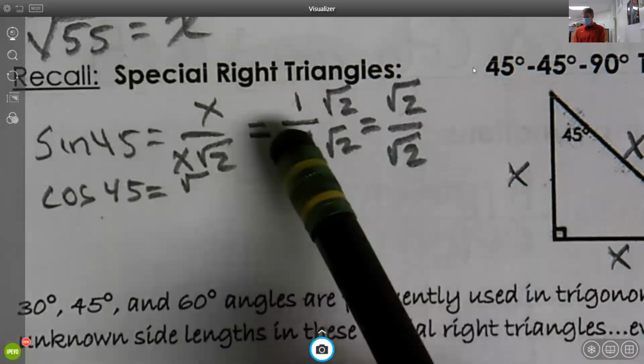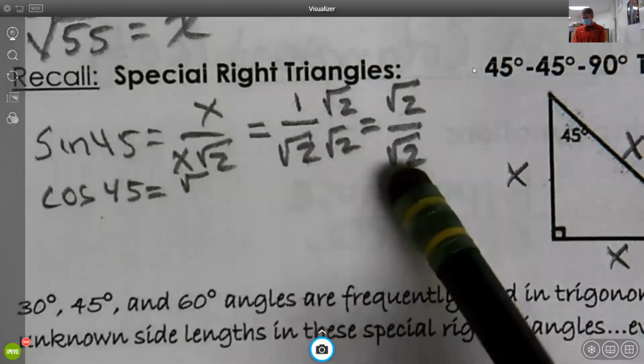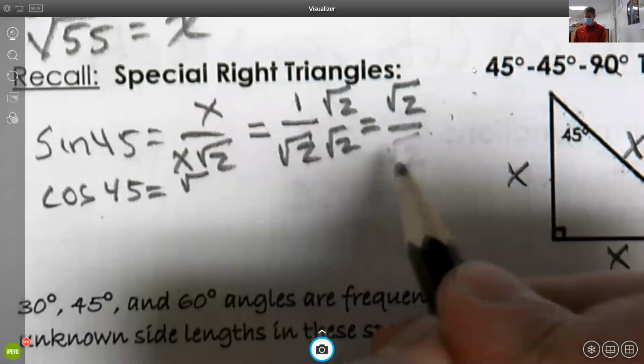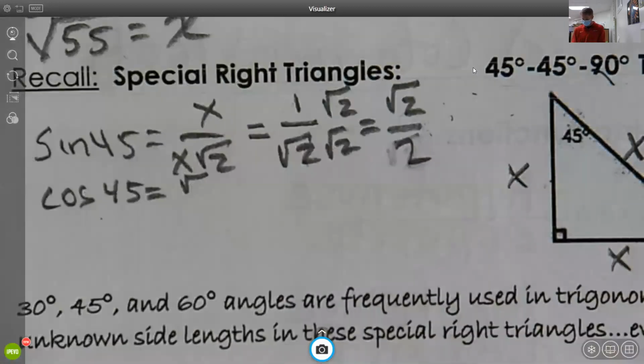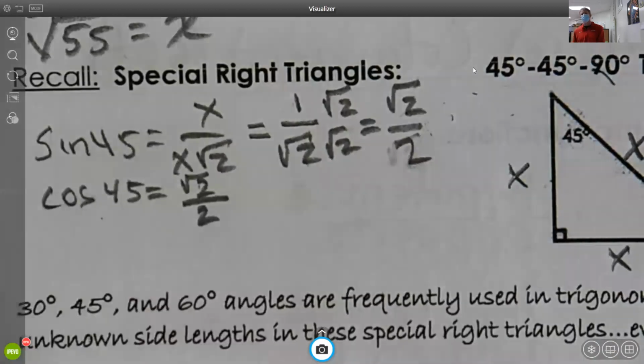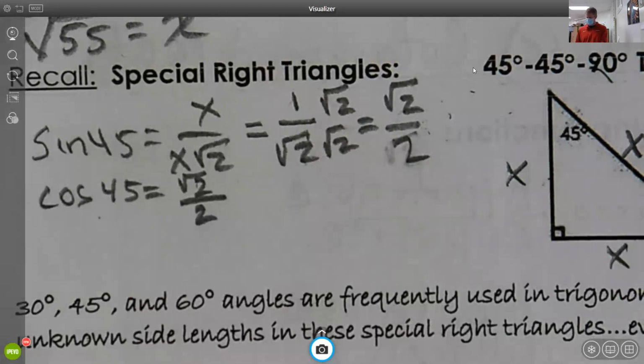But wouldn't that be 1 times root 2 over root 4, and root 4 is 2? So I wrote that with a radical. All right. So the cosine is the same thing because it has the same ratio. So I'm not going to redo the calculation. We're starting to recognize those.